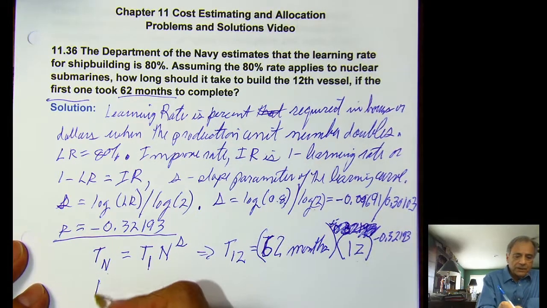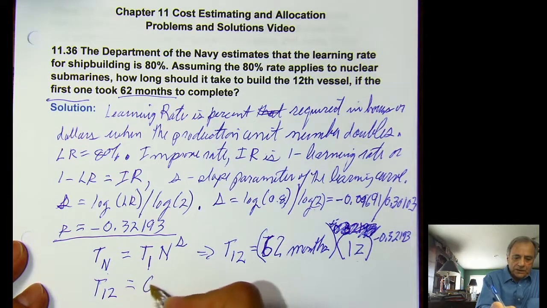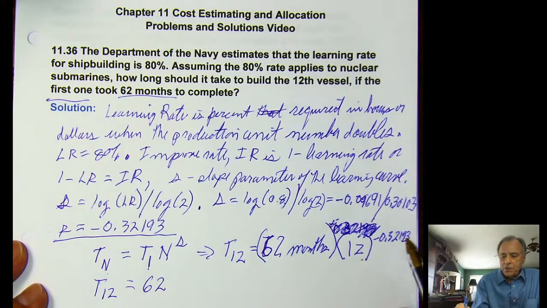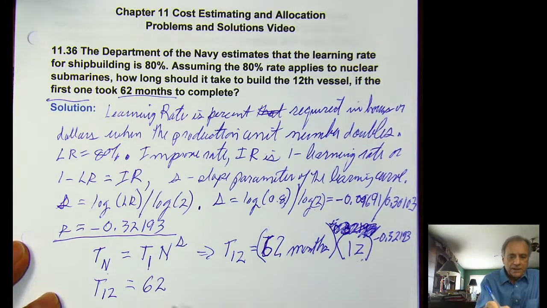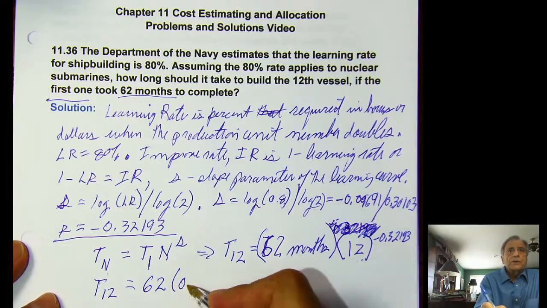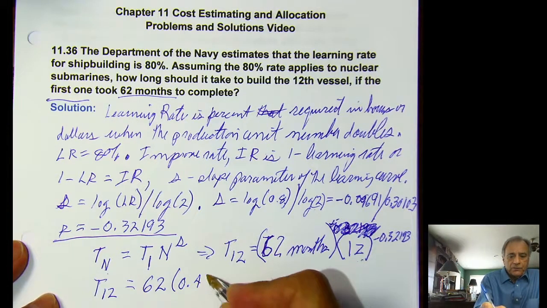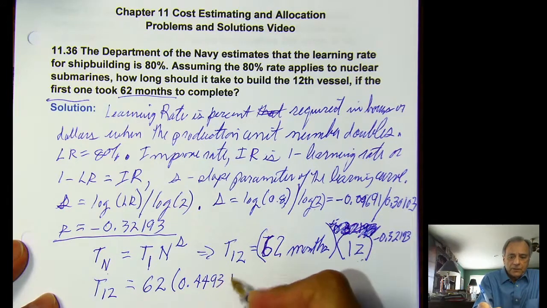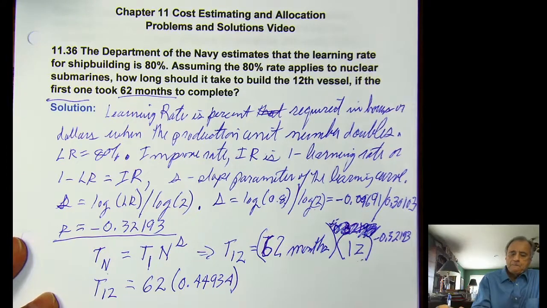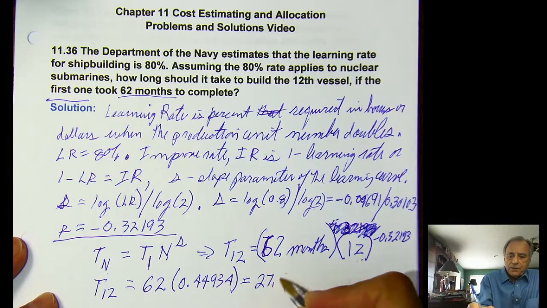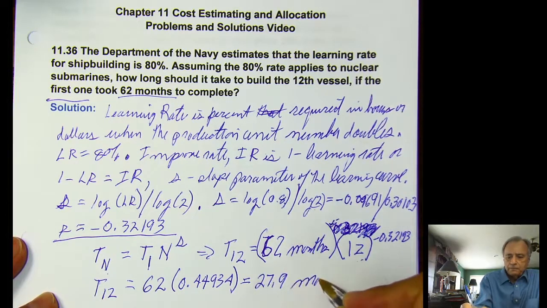So T12 equals 62. Well, this quantity here, 12 to that power, turns out to be 0.44934. And when we multiply that times this, we're going to get 27.9 months.